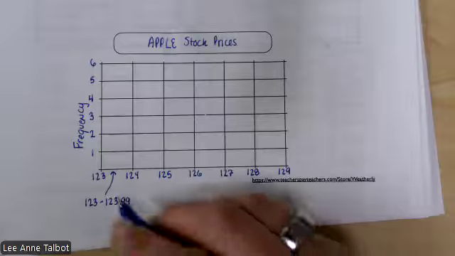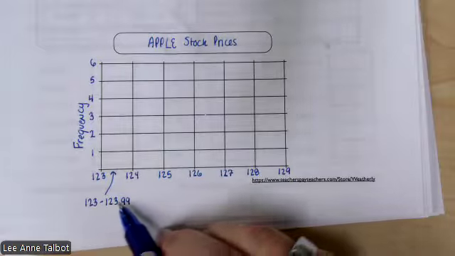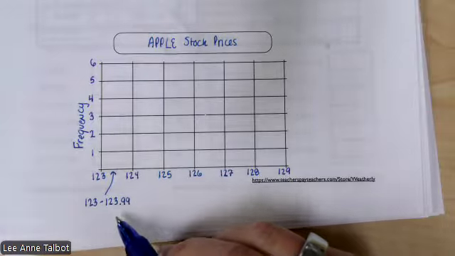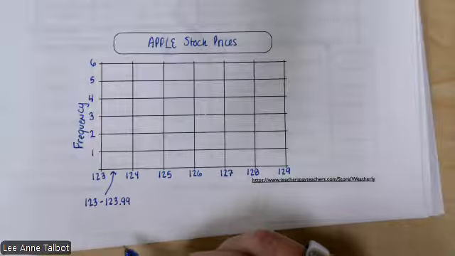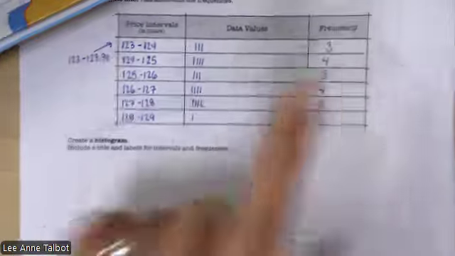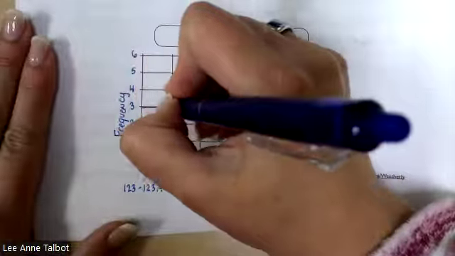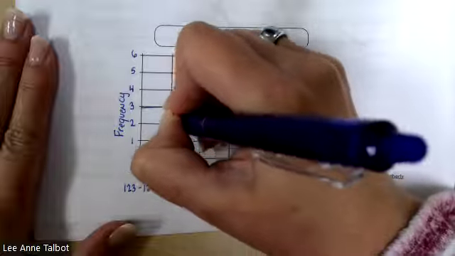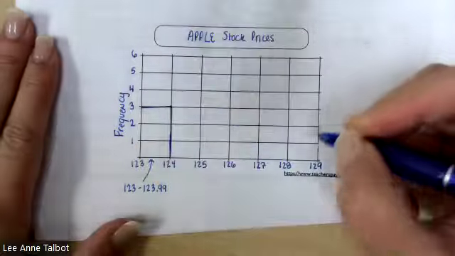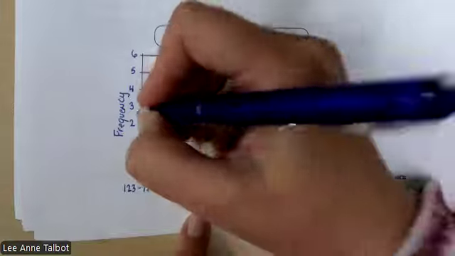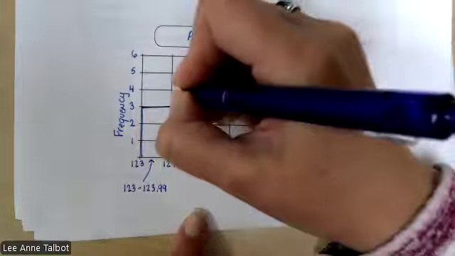Okay, so how many fell between this range? Look up at your table you made. Great. And how many fell in this range? 4.